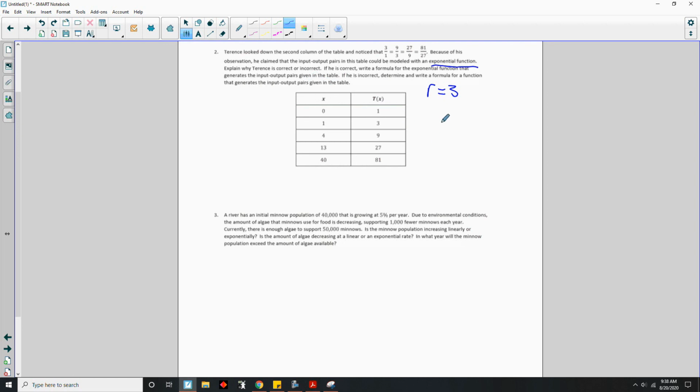Okay, so first things first, remember that we have to have delta f. Change in f is f of x plus 1 minus f of x. Okay, so if I take 0, that's my first term. 0 plus 1 is 1. 1 minus 0 is 1.